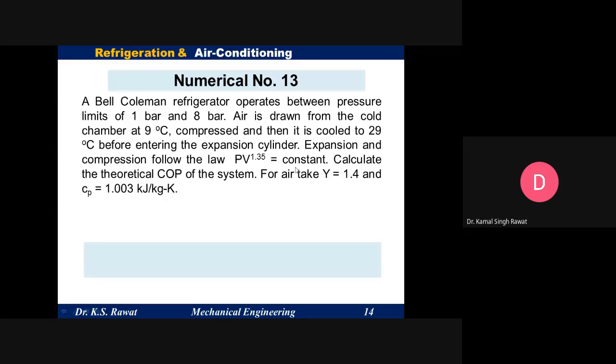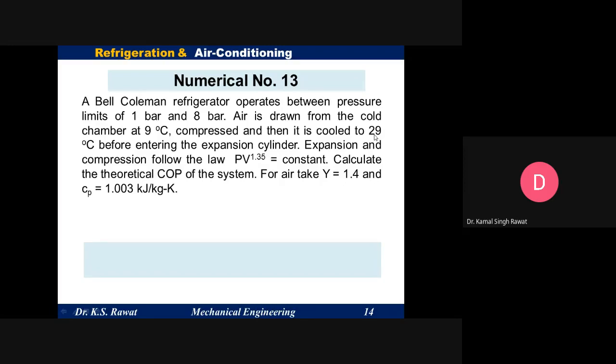So we have these pressure limits, 1 bar and 8 bar, and the air is drawn from the cold chamber at 9 degrees centigrade. This is the temperature at the outlet of the refrigerator, or inlet to the compressor. After that, it is compressed in the compressor, then cooled in the air cooler, and at the exit of the air cooler it is 29 degrees centigrade.